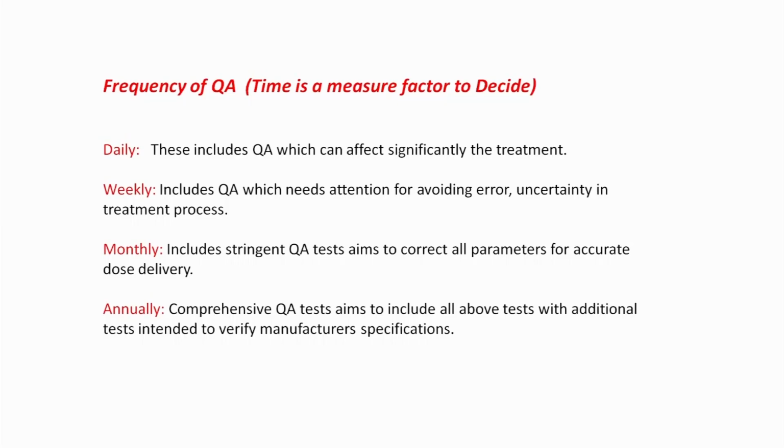Therefore the regulatory body has found a middle way in which they have segregated the quality assurance according to their importance or their role in the therapy, in order to save time and, in parallel, keep the equipment and the patient safe by performing the required quality assurance for that time.